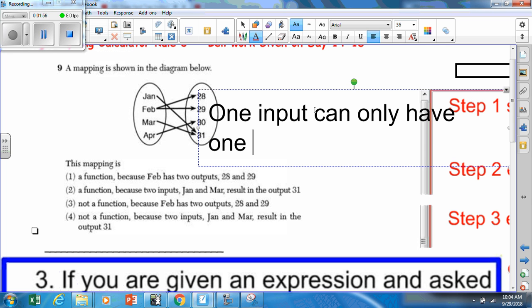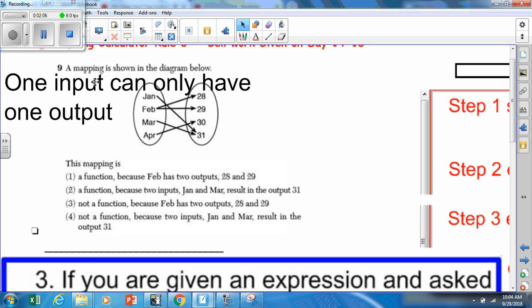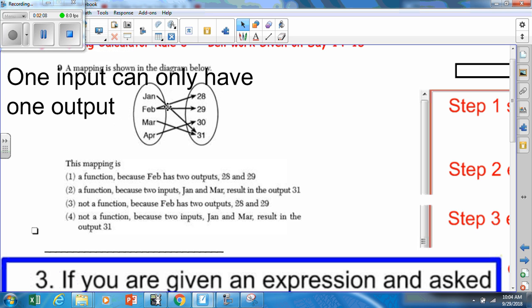And what I really want you to take away from this is that it's totally cool for our 31 to have two inputs. That's all right. January and March. That's not a problem. What's a problem is that February, which is an input, has 28 and 29, which is two outputs.